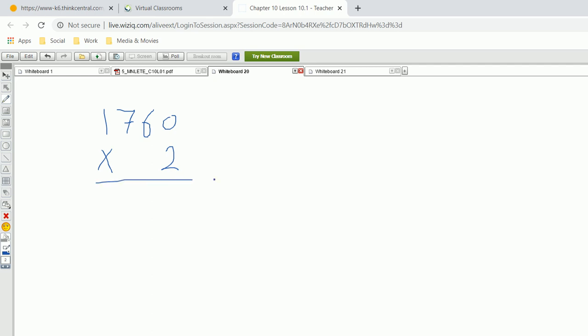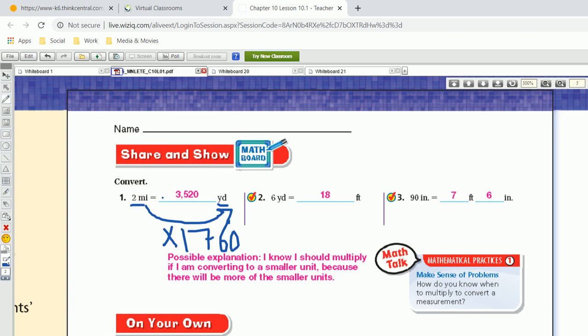We started before how to multiply a big number by a one-digit number. We distribute: 2 multiplied by 0 equals 0, 2 multiplied by 6 equals 12, 2 and carry 1, 7 multiplied by 2 equals 14 and 1 is 15, 5 and carry 1, 1 multiplied by 2 equals 2 and 1 is 3. So the answer is 3520. Okay, next one.